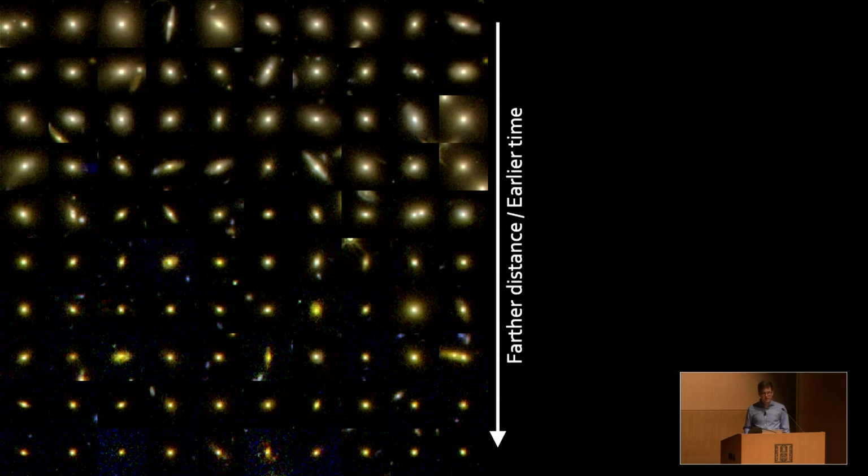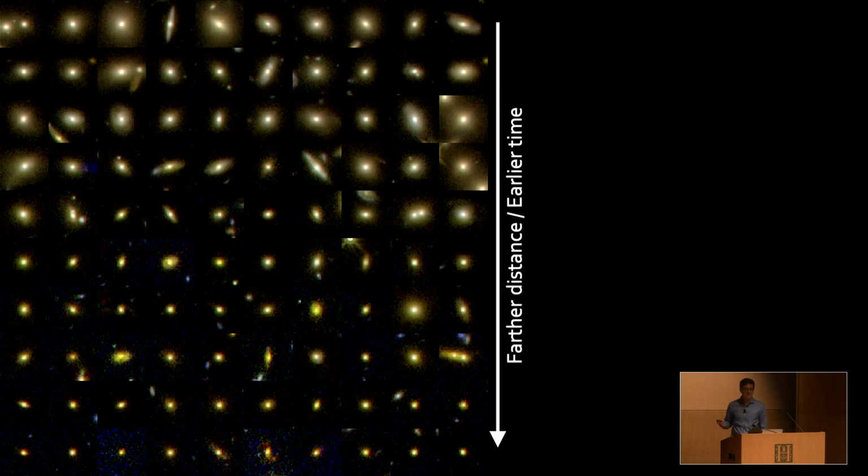So to demonstrate that, here I've ordered a lot of those images from Hubble of proto-elliptical galaxies according to how far away they are, and therefore how far back in time we're looking at them. And once you can compare galaxies across time, you immediately see something that's very striking, which is that those most distant proto-elliptical galaxies are very small.